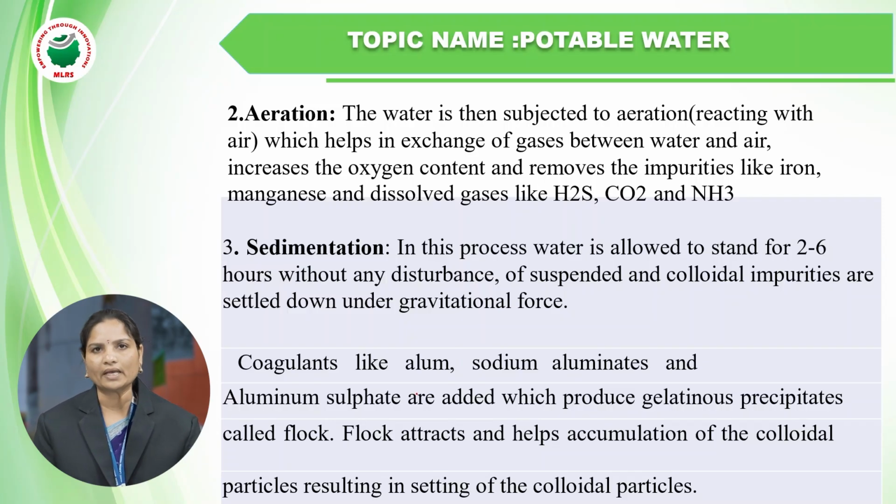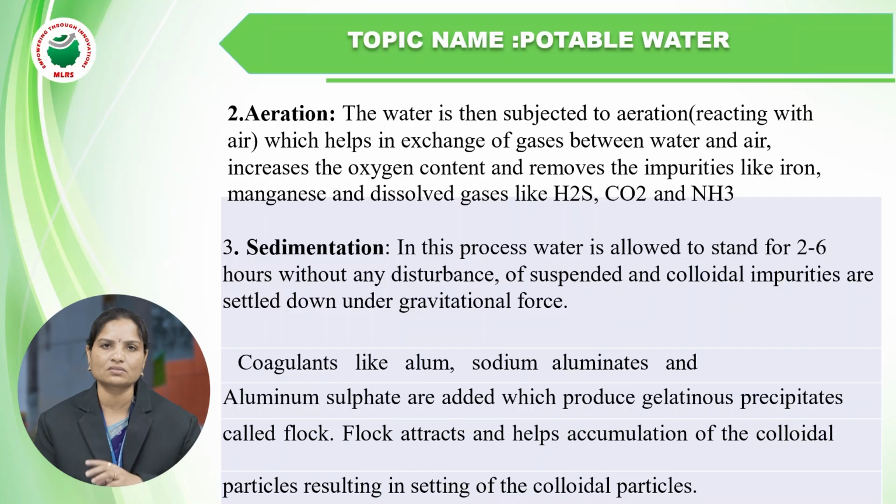Here we mainly use coagulants. The coagulants used in sedimentation are soda alum or potassium alum. Alum means K2SO4 and Al2(SO4)3 with 24 H2O, either sodium or potassium alum. These alums interact with the hardness-causing salts of hard water.